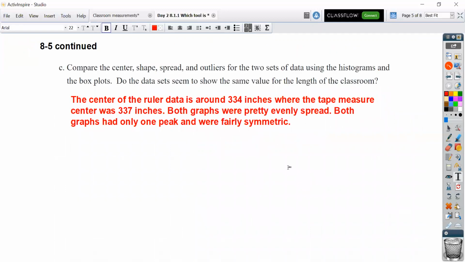So let's see what we can add to this here. We talked about the symmetry.